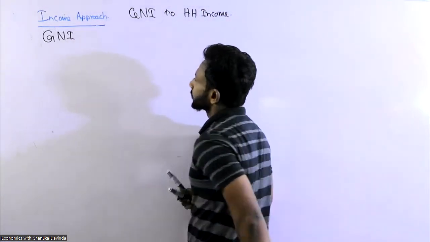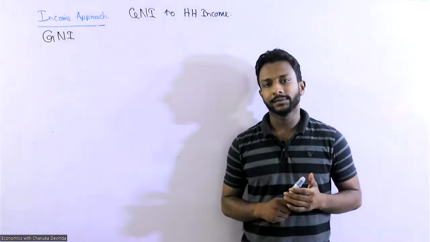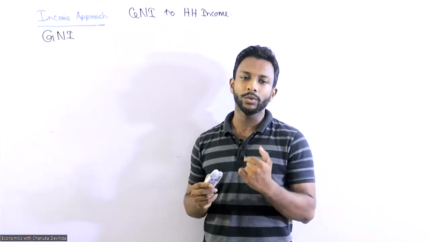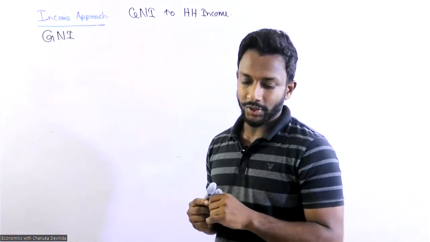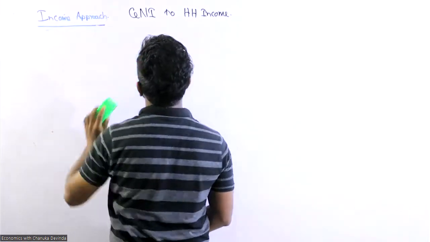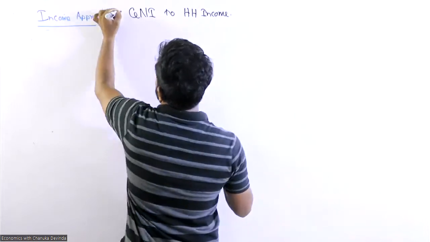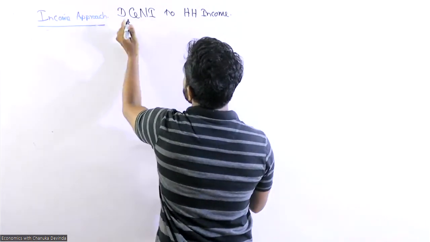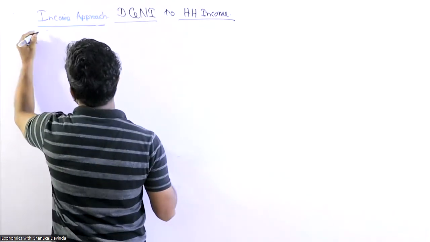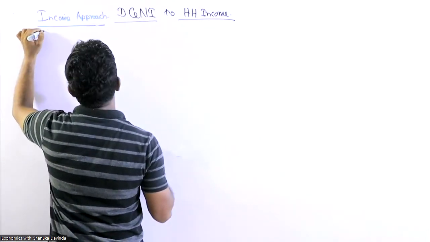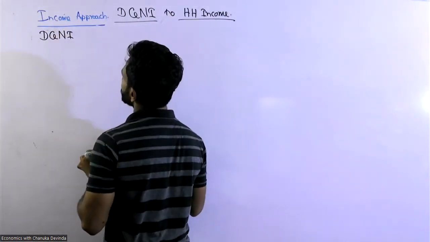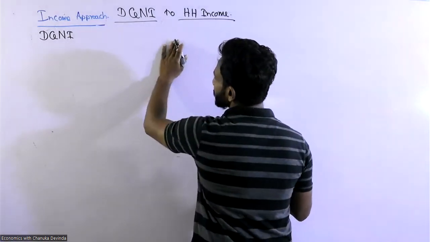So first one, if it was disposable gross national income, you need to transfer it to what? Gross national income. Let me explain how to transfer disposable gross national income to household income, right? First of all, you need to take disposable gross national income.